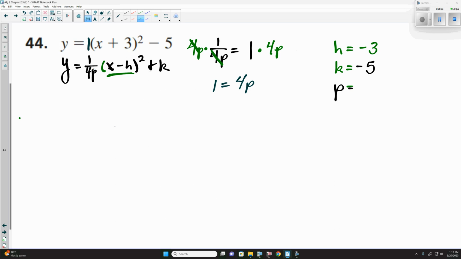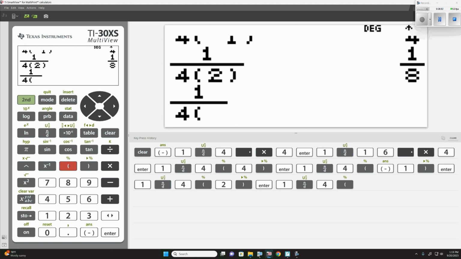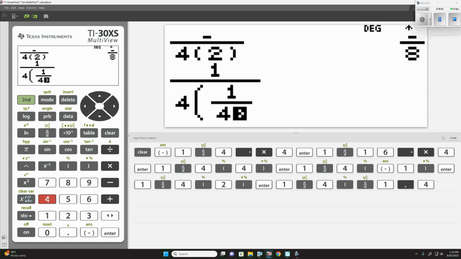Now what do we need to do to get p by itself? We need to divide both sides by 4, telling us p is 1/4. Now if I wanted to check this, we could do 1/4 parentheses 1/4, enter, and it does indeed give us 1.